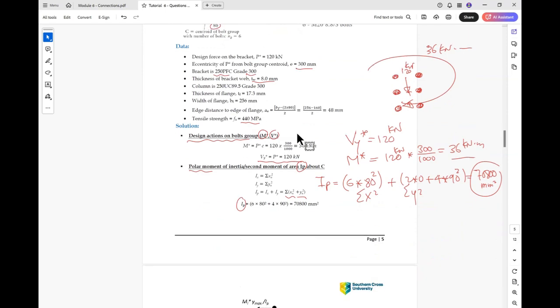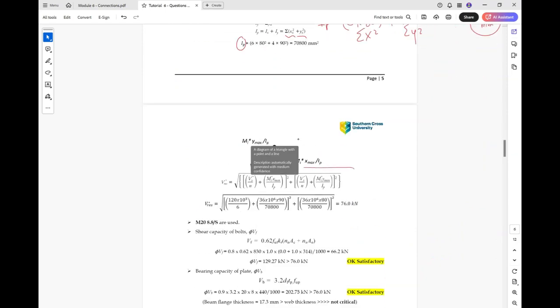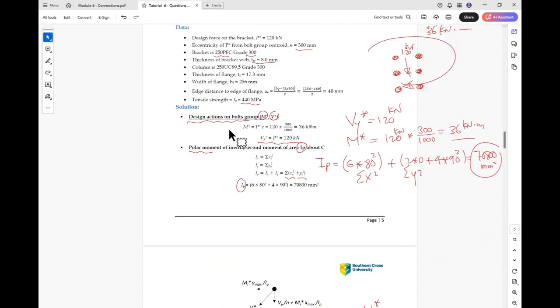So this is the required data. Now we apply it in this formula. If you remember this formula, V resultant star is the maximum shear on the first bolt. Which one do you expect is the first bolt?